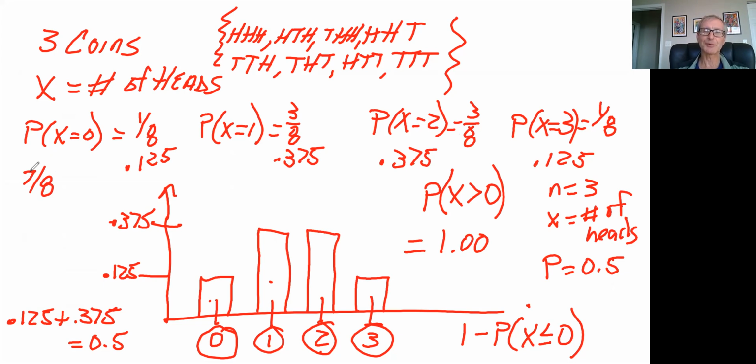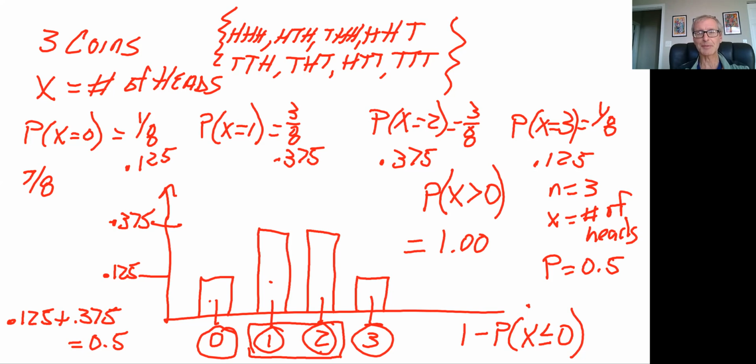Last thing you do is, how do you calculate the probability of being in between 2 points? So say I wanted to calculate the probability of a 1 or a 2. Well, in this case, it's pretty easy because we know we add those together and you would get 6 out of 8. But how do you do it on the spreadsheet when things get a little bit more complicated?